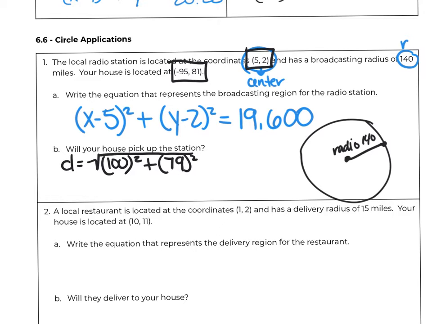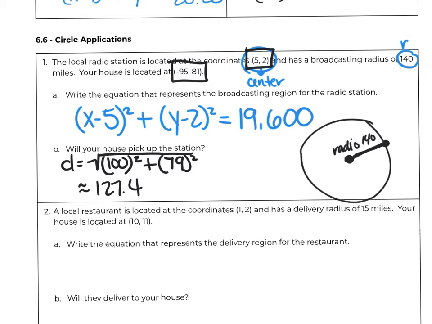I don't want to leave it radical because if I say something is square root of 90 away, we don't really know what that means, right? So give me a decimal on this. So finish that up there. Okay, what did we get? All right, so that means if the radius goes from here out to 140, is 127, that's 127 miles or whatever.